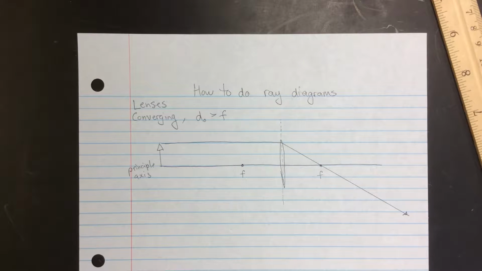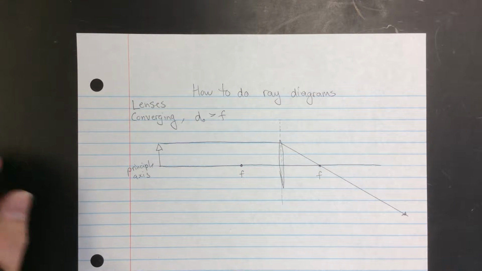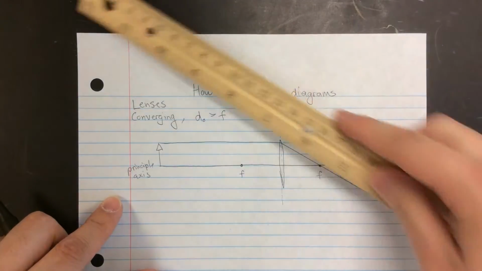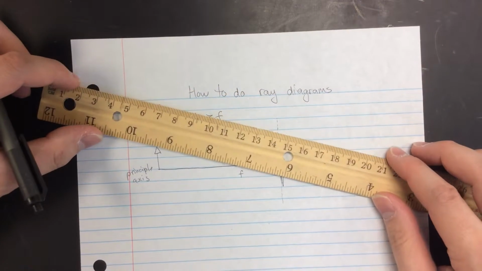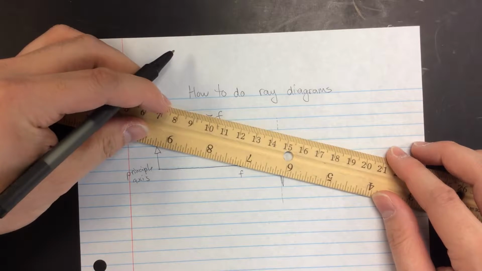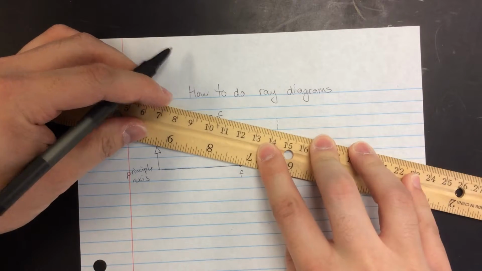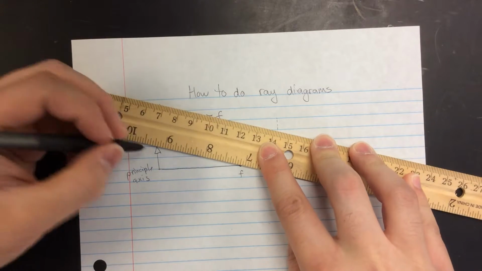Okay, parallel rays go towards the focal point. Then it should happen in reverse, that if I send light through this focal point, afterwards it should go parallel.